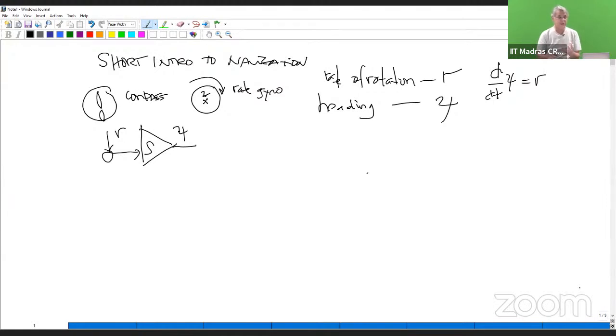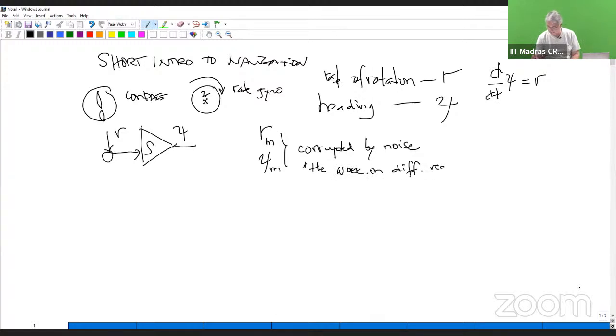You are going to have measurements, and sometimes we denote them with a subscript m. And these are corrupted by a couple of things, but also by noise. And without being very rigorous, I'm also going to state that they work in different regions of frequency.